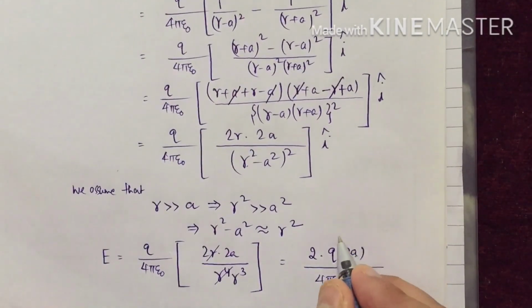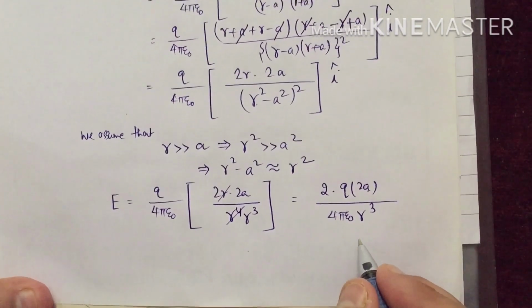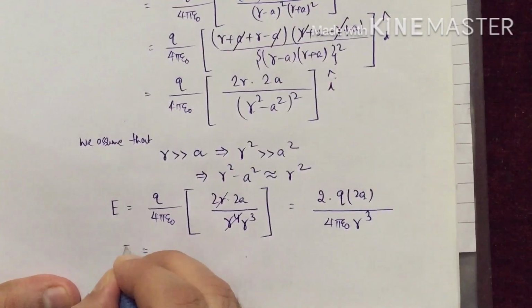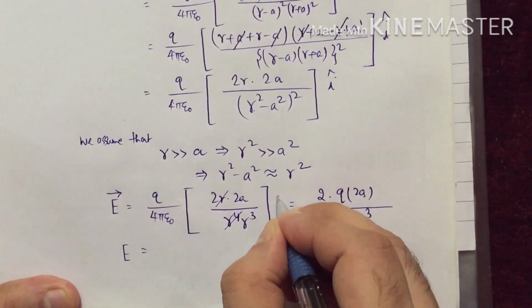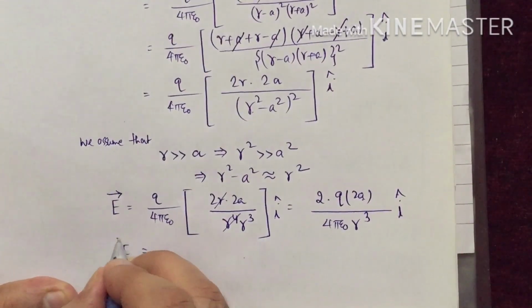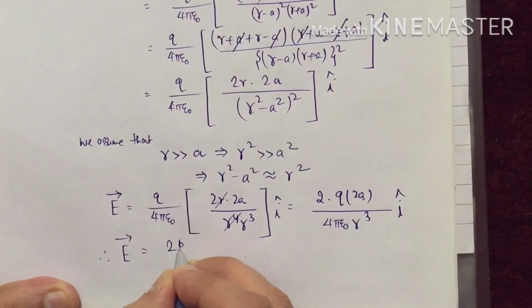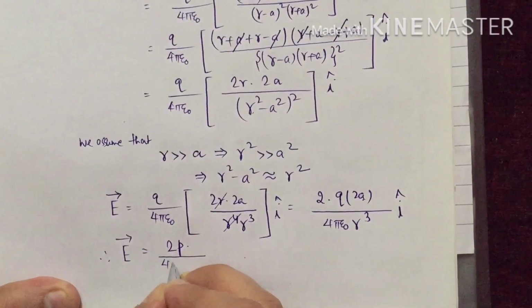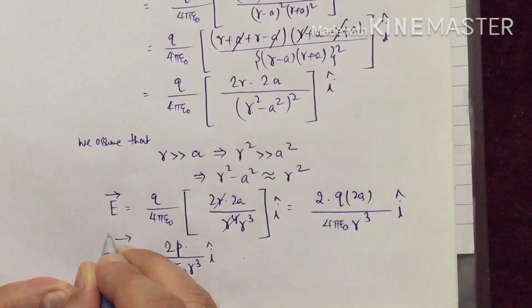Q into 2a is electric dipole moment, so we can write finally electric field, so it's a vector, i cap. So therefore electric field becomes twice of p whole divided by 4 pi epsilon naught r cube into i cap.